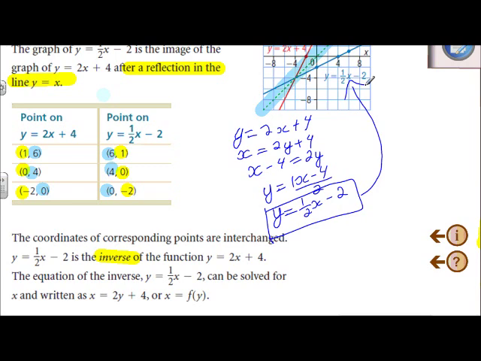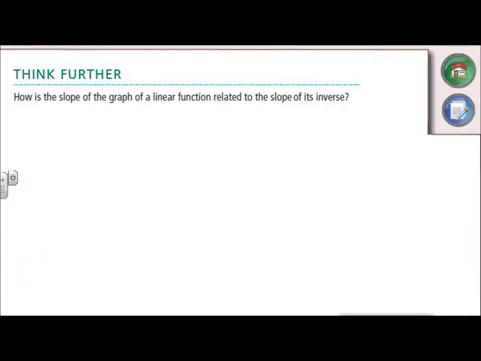That tells us that those two are inverse of each other, which can be written as, this is one of the ways of showing an inverse, x equals f of y. So now that we know that those two are inverses of each other, look at the slopes of those two graphs. If we're talking about a linear function, how are the slopes related from an original and its inverse? Write that down in there for yourself.